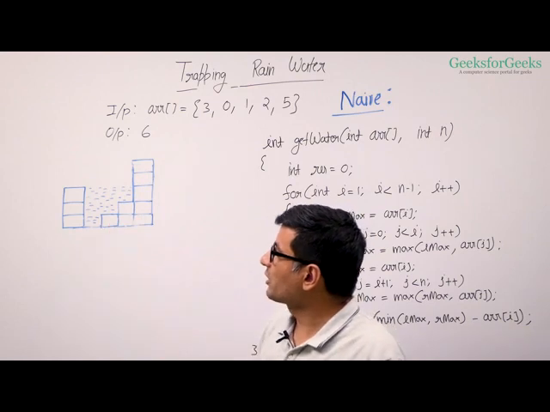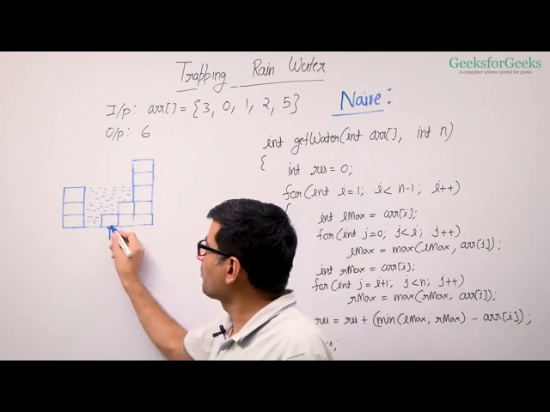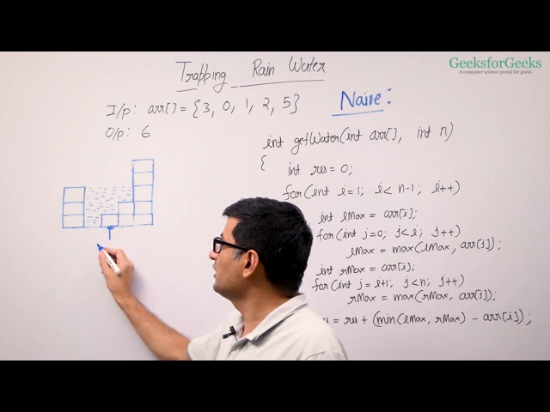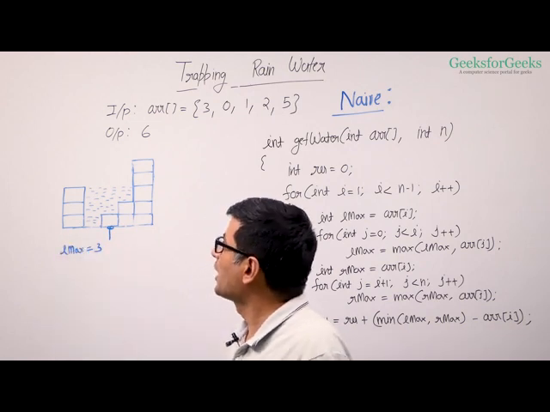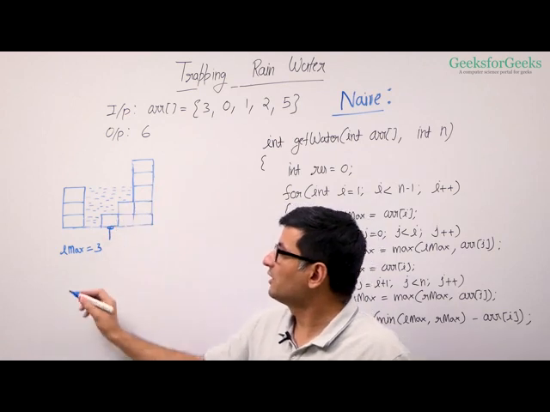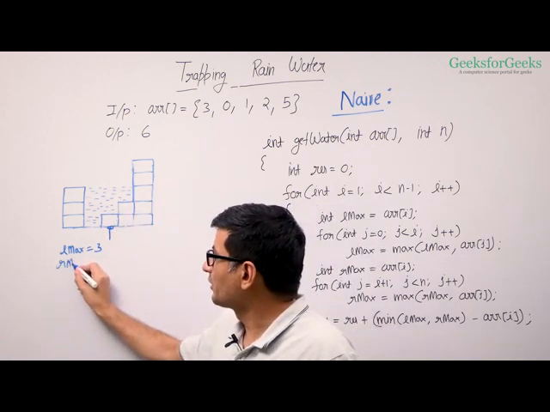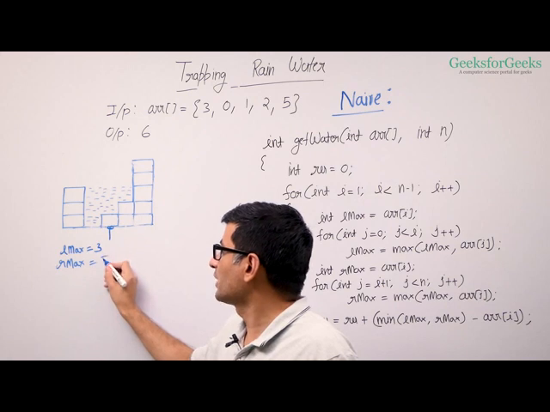So for this particular bar, the maximum support on the left side is 3, our L max is 3, and the maximum support on the right side is 5, R max is 5.